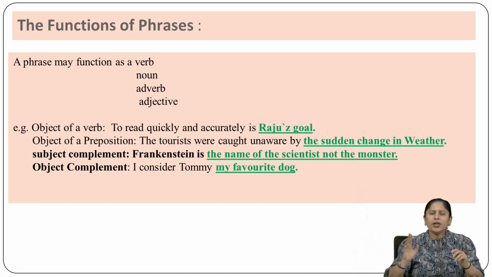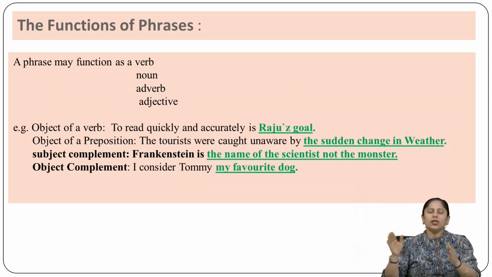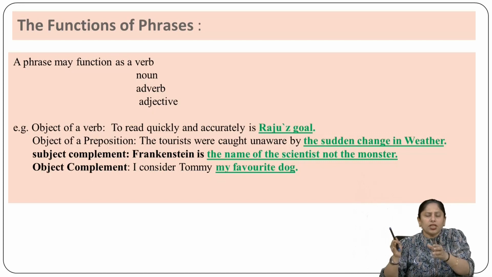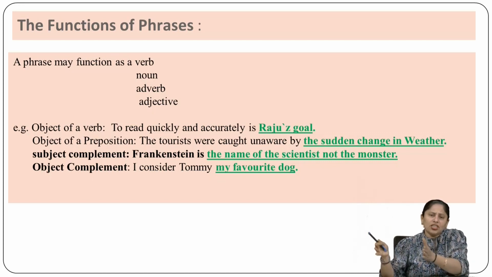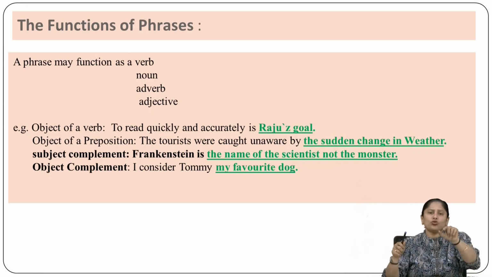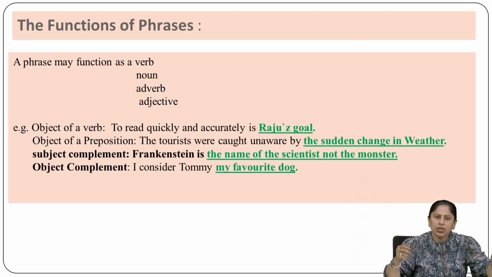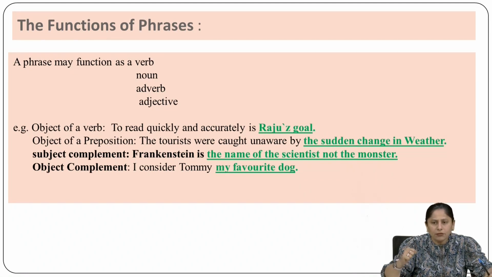You can remove it and try to understand the easy part of the sentence, the main part of the sentence. To read is Raju's goal, like that. And it comes as an object. Object in the sense subject, verb and object. The place of the object is generally in the end. S plus V plus O, subject plus verb plus object. Here you can say that this part comes as the object of the verb.